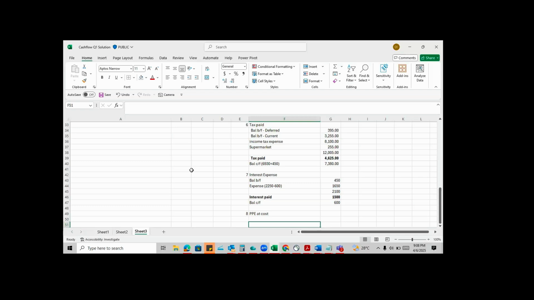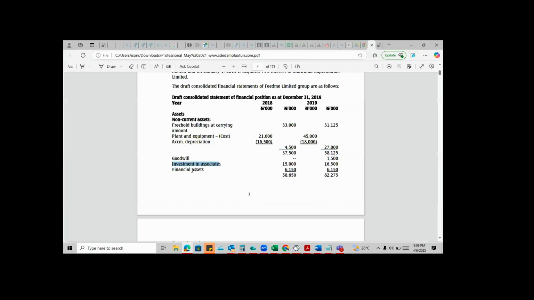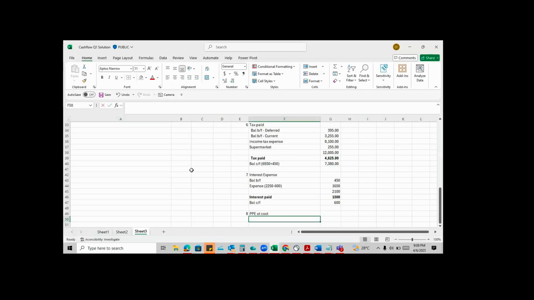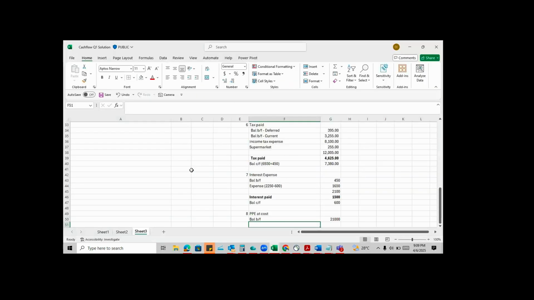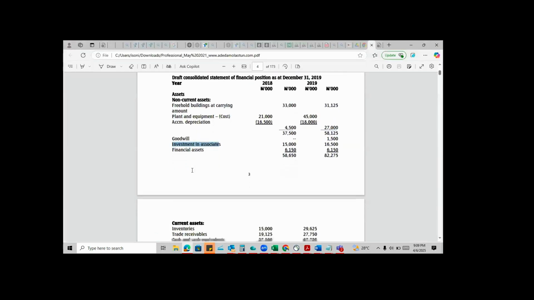Now, look here. For this question, we have balance brought forward for PPE, 21,000. Balance brought forward for PPE, 21,000. All right. So we now have balance brought. Okay, before I go there, we have supermarkets.